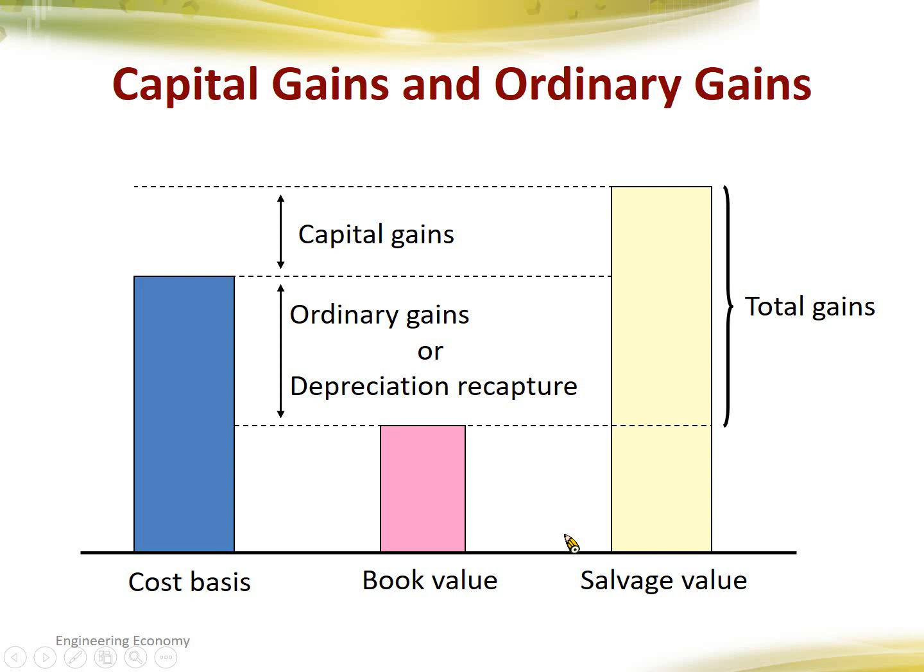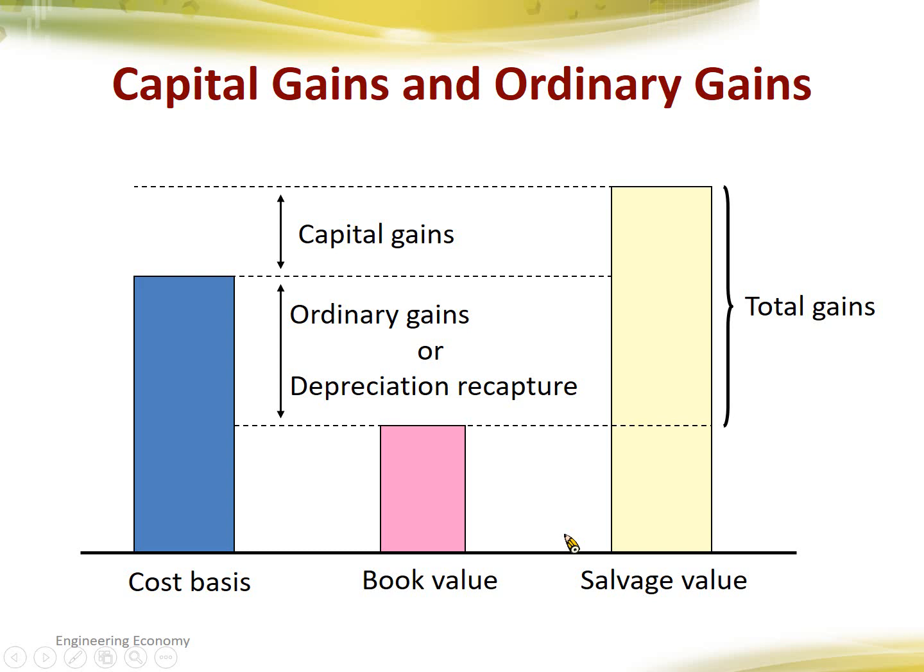But sometimes there are occasions where you acquire the asset at the beginning, but after certain years, you sell the asset at a price even higher than the cost basis. So again, we need to treat this part which has already been claimed for depreciation.